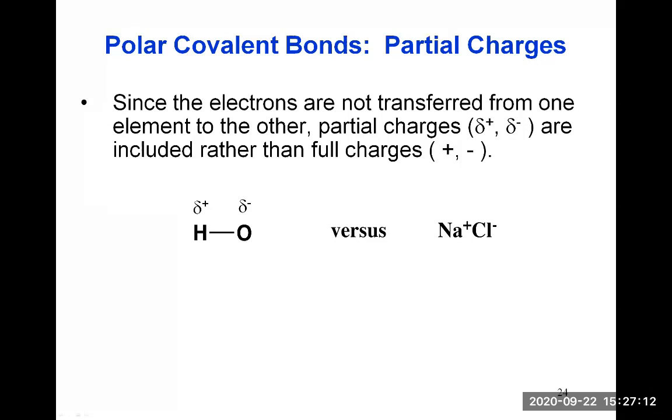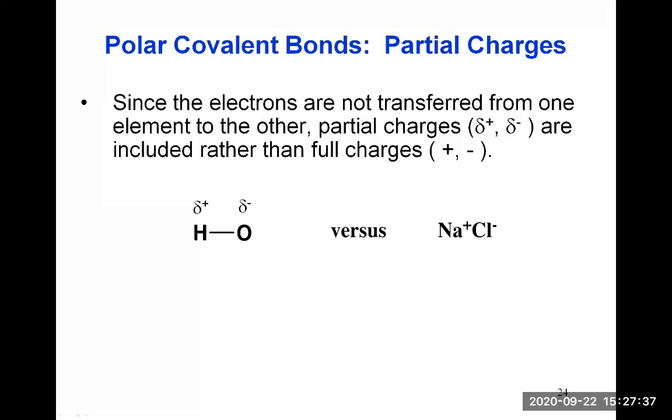So electrons are more towards oxygen. And so you have the delta minus on that side and delta plus on the other side, which is not the same thing as ions like Na plus and Cl minus. It's not full charges. In a full charge, there is one complete plus and one complete minus.